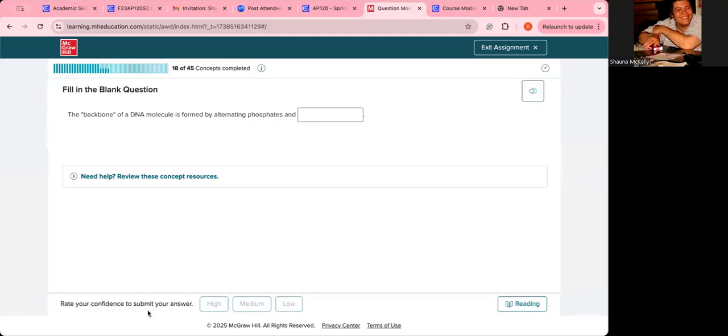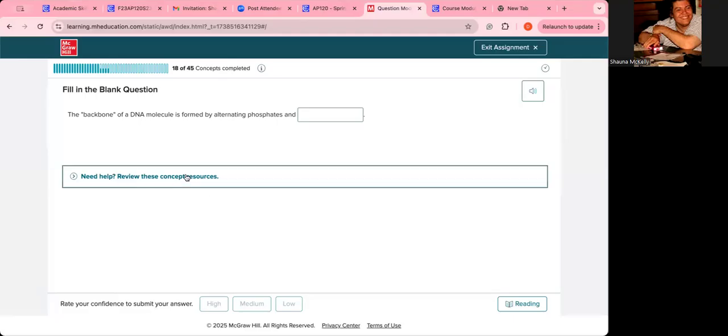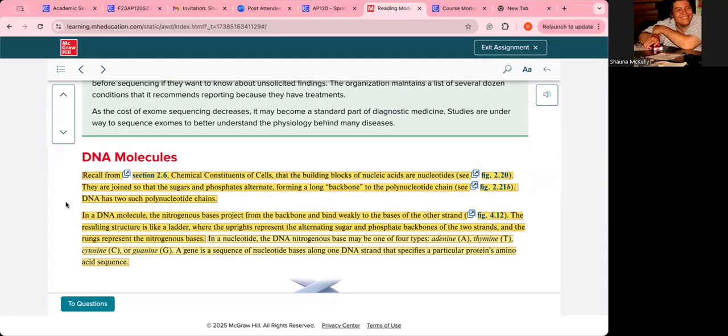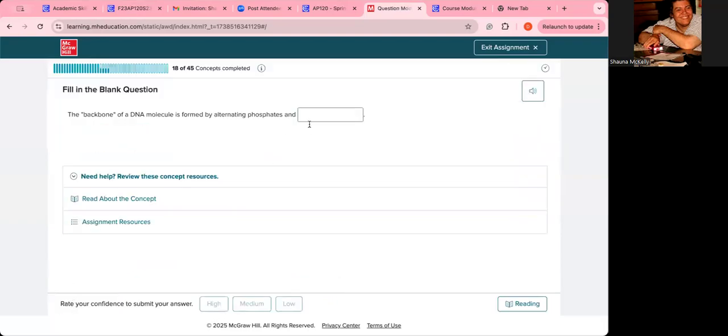Okay, the backbone of the DNA molecule is found by alternating phosphate and what? What's the other rung made out of? Okay, so the sugars and the phosphates alternate. So the other word would be sugars. Sugars is the other one.